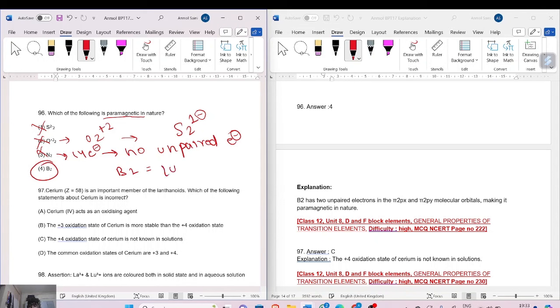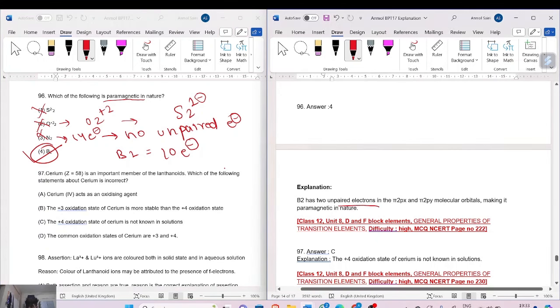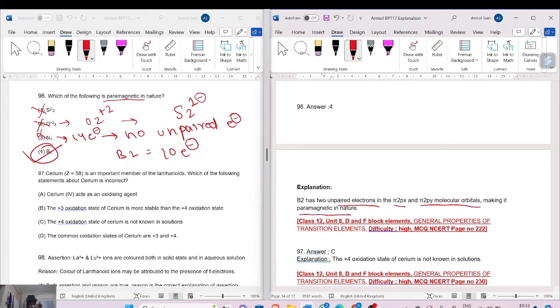Here boron has 10 electrons, but it is an exception. We have to remember that it has even number of electrons, but still it is paramagnetic in nature. This is because it has two unpaired electrons in its pi 2px and pi 2py molecular orbitals, which makes it paramagnetic in nature.